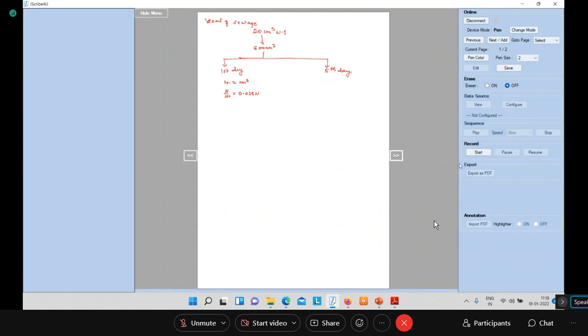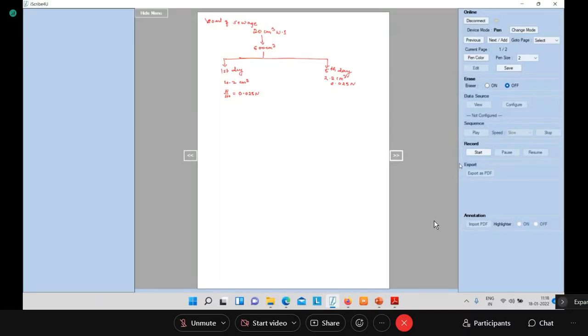After the fifth day, how much is consumed? 2.2 cm cube of N by 40, the same sodium thiosulfate, 0.025 normal. Now you have to calculate BOD.